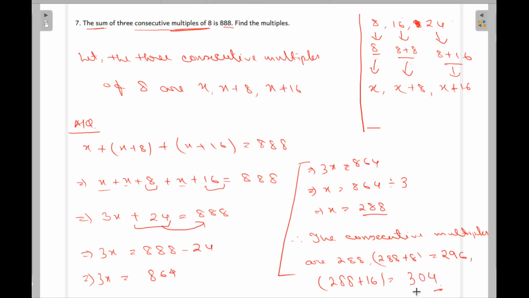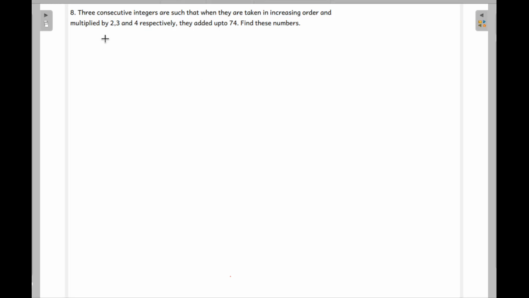Okay, so this is the way to solve this equation. You just have to understand the clue properly. What is the clue given in the question? Consecutive multiples of 8. We have to write it like this. Now move to the next question. Question number 8. Again, consecutive integers. 3 consecutive integers are such that when they are taken in increasing order and multiplied by 2, 3 and 4 respectively, they add up to 74.